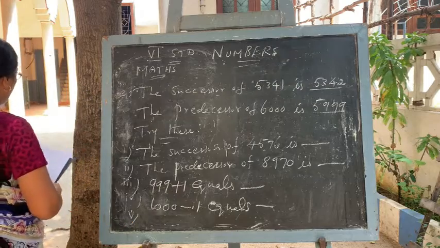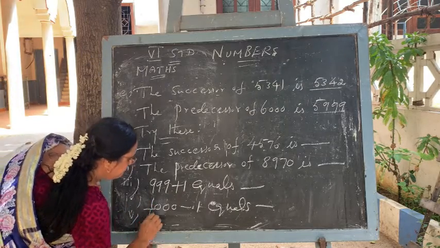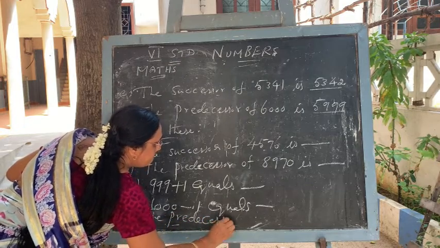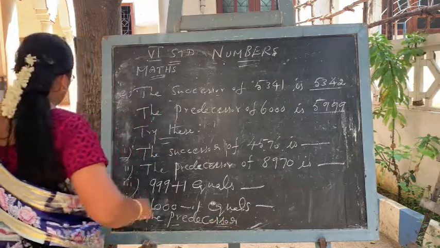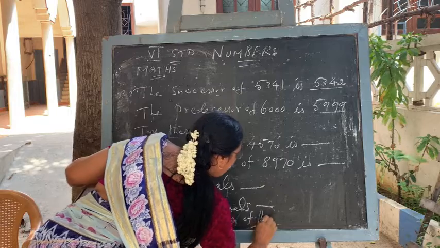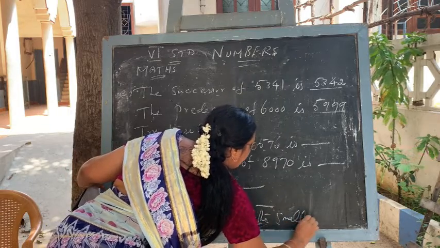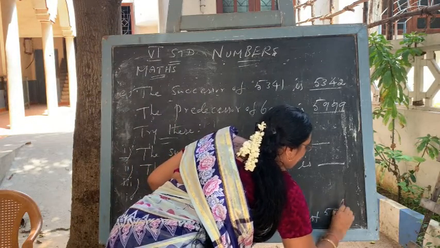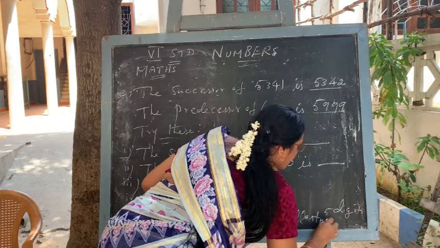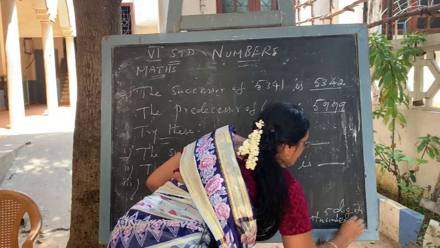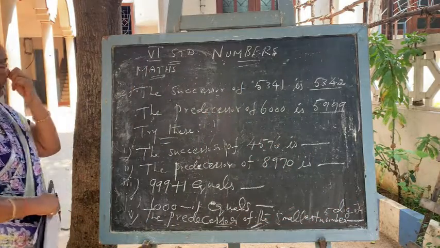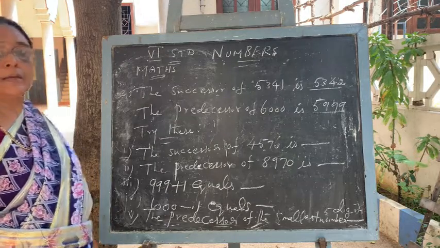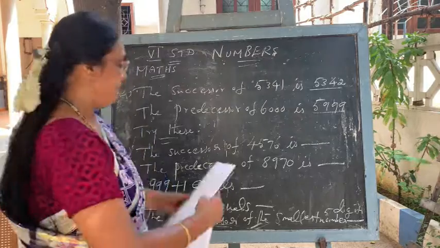Then the last or final question: the predecessor of the smallest 5-digit number. First of all, you have to find the smallest 5-digit number. Then you have to find the predecessor of that number. Right?